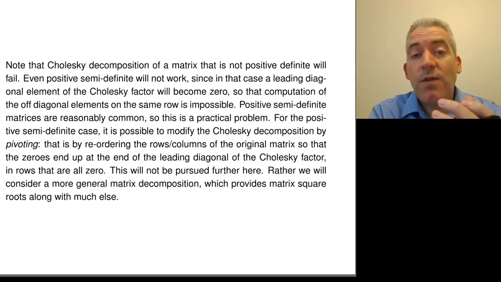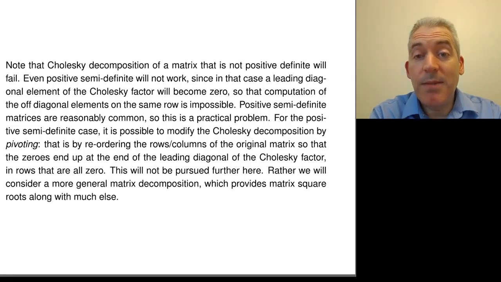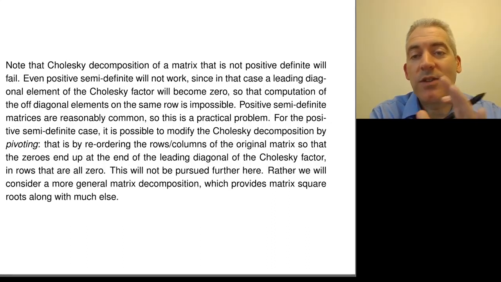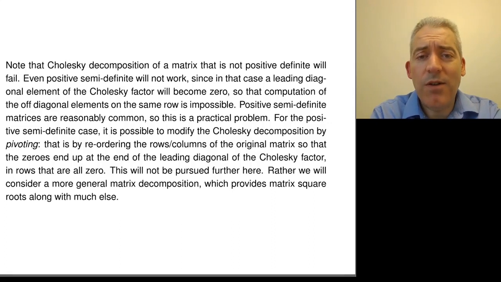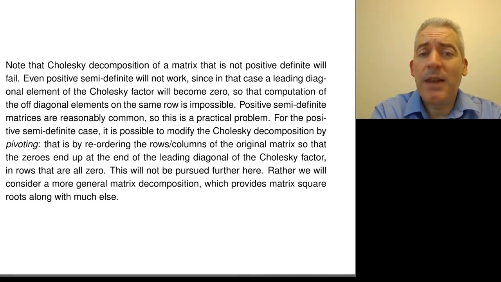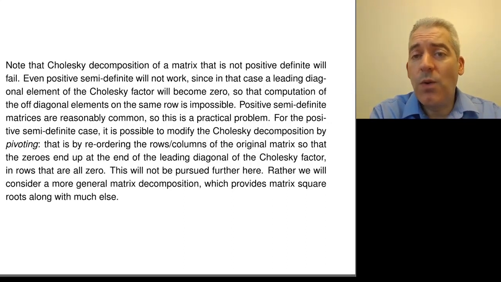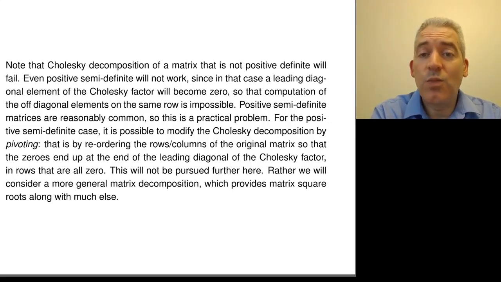A variance-covariance matrix is guaranteed to be positive semi-definite, but it's not actually guaranteed to be positive definite. It could have some linear combinations that have zero variance. In that case, it has zero eigenvalues, and the straightforward, naive Cholesky decomposition will fail.